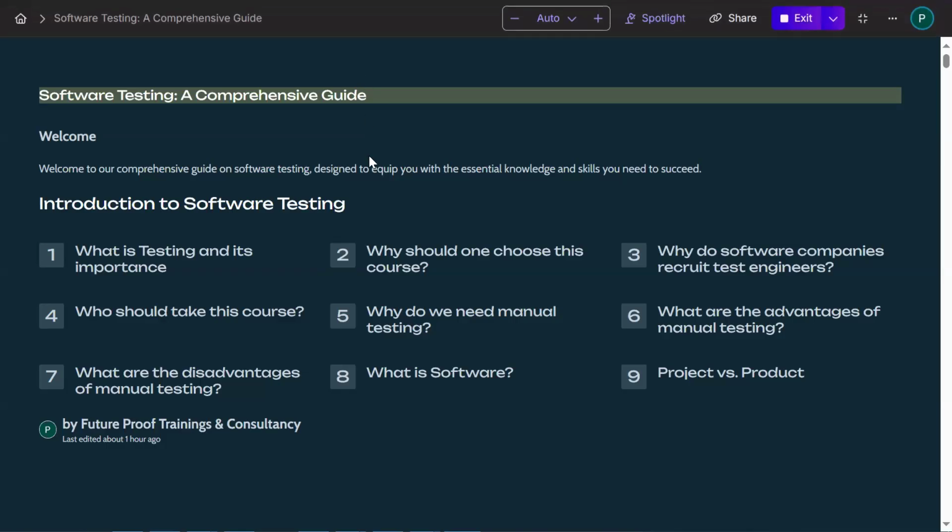So I will ask you, who is the end user here? Yeah, the end user is the final customer or consumer, a person who ultimately uses our product or services in the software.